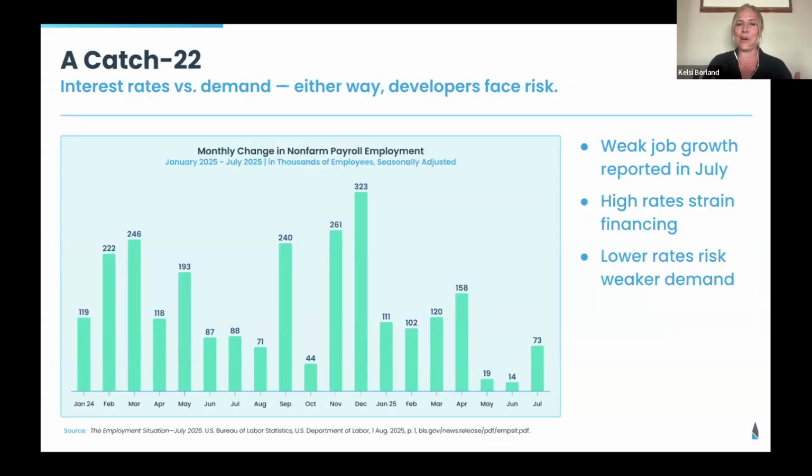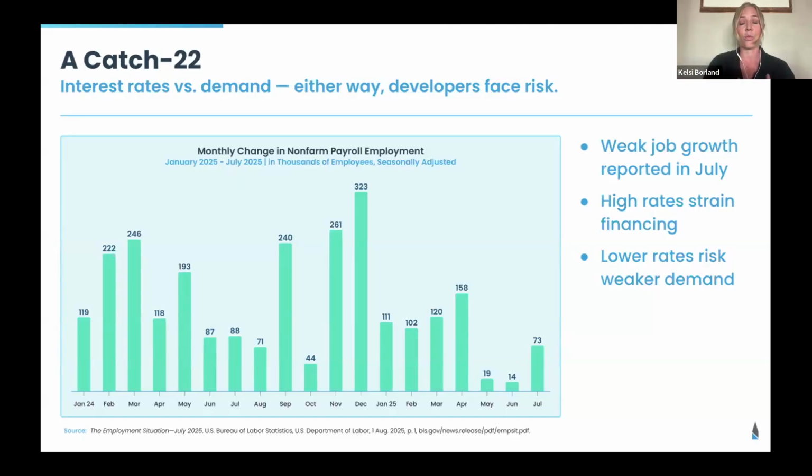I really wanted to point this out. This is, I'm sure we've all followed it, this infamous employment graph that came out in mid-July, right after the Fed's meeting, where they did not raise or lower interest rates again. And then there was this jobs report that came out with only 73,000 new jobs added in July.